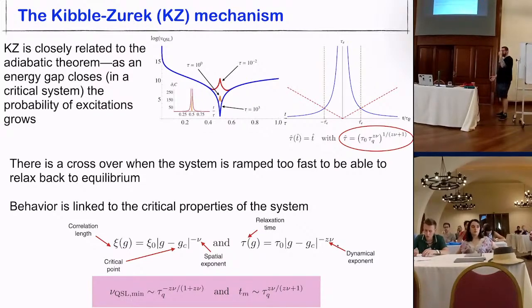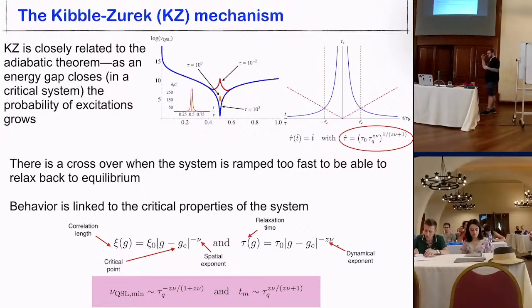There was no difference between how fast I was ramping the system. But when the magnitude of the control term became non-negligible, I started to see differences in the behavior of this speed. This felt very Kibble-Zurek-y, really. That's where we left it for a couple of years.